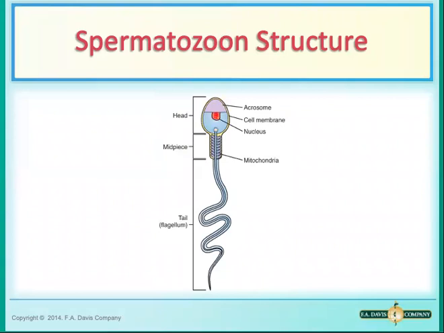Okay, so let's go through all these parts right here. In the head, you have the acrosomal cap, a part of the head that is critical to ovum penetration, and it is enzyme containing. It is located at the tip of the head.